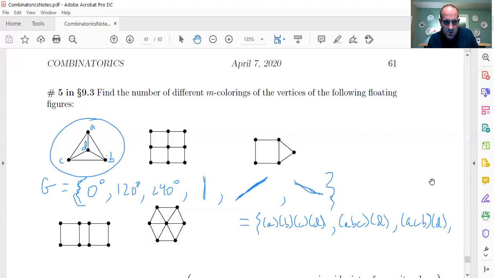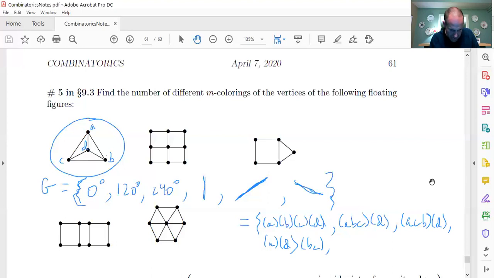Let's see, what else do we have? Those are our rotations. What about reflections? If I reflect in the vertical axis, A and D are both fixed, and B and C just flip back and forth.